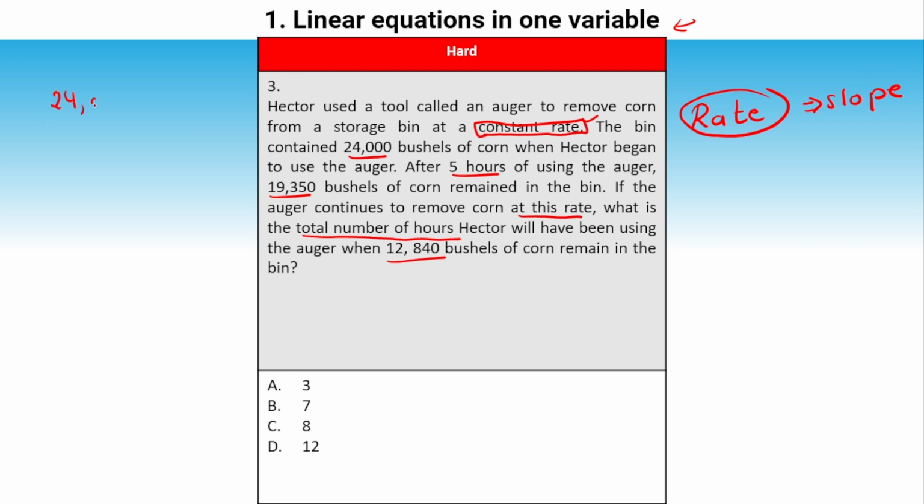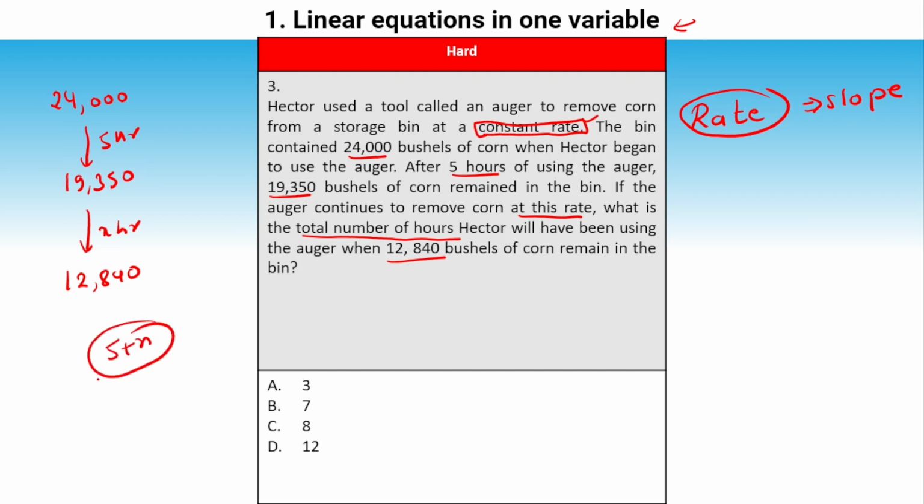So initially there were 24,000 bushels, and he worked for 5 hours. Now the remaining number of bushels was 19,350, and he worked for some x hours, and then the total number of bushels remaining was 12,840. So we have to find the value of x, add 5 to x, and then find the total number of hours.